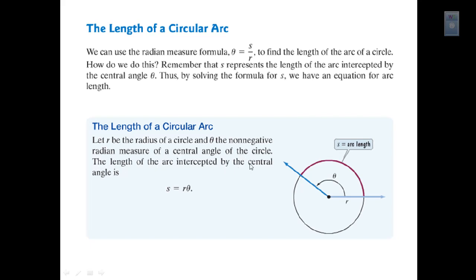The length of the arc intercepted by the central angle is S equals R times theta. S being, of course, the arc length, R being the radius, and theta being the non-negative radian measure. It has to be in radians, has to be in radians. If you put degrees here, you've got some random number that means absolutely nothing. It has to be in radian measure.